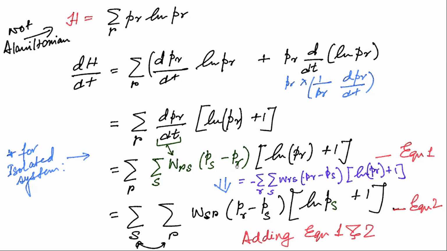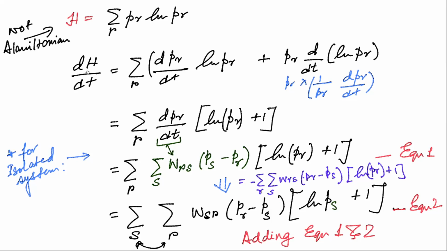On one hand, we rewrite it as PR minus PS, taking out a minus sign: summation over R, summation over S, ln PR plus 1. Also, R and S are dummy indices.